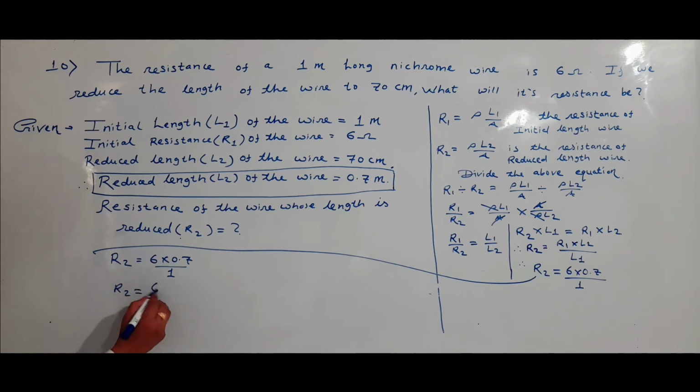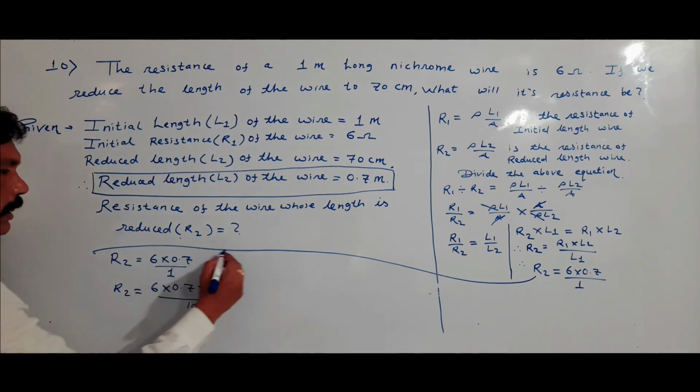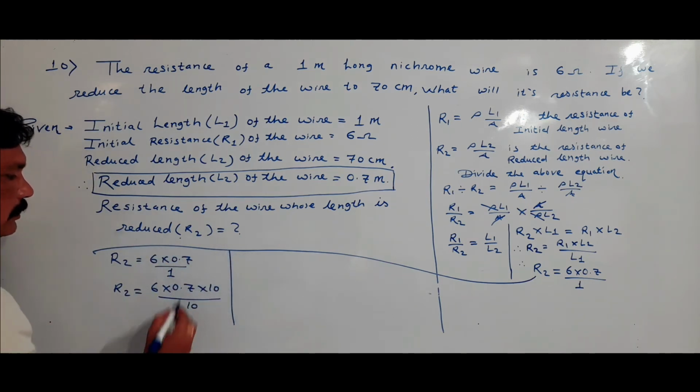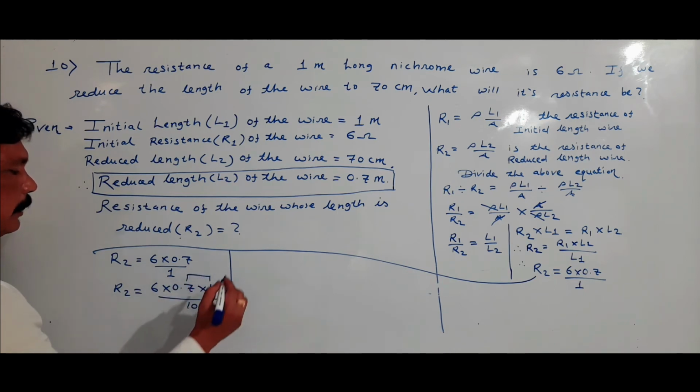R2 is equal to 6 into 0.7 into 10 divided by 10. We have multiplied it by 10 and divided it by 10 to remove the point. So point will be removed.